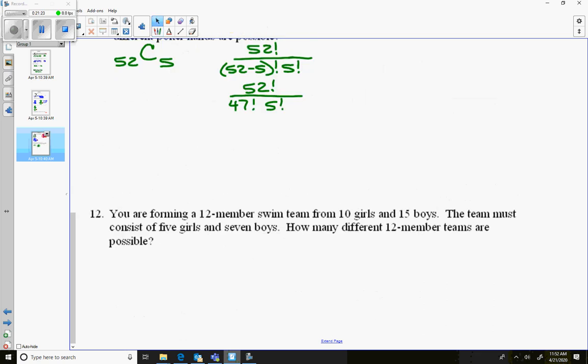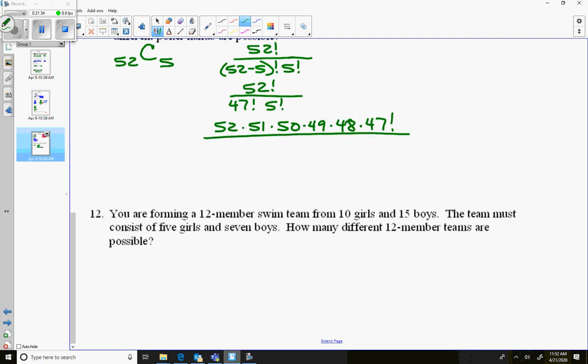So I've got 52 times 51 times 50 times 49 times 48 times 47 factorial.